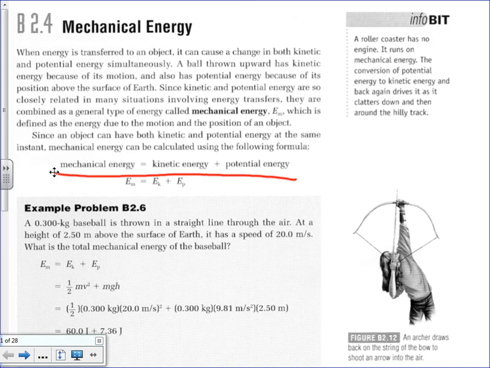The bow and arrow example is a perfect example of a system. The system in the bow and arrow here is the person, the bow, and the arrow. Those are all the parts of the system. The energy may be shared by all of those parts, or it may be possessed by only one part at any given time. Everybody with me there?